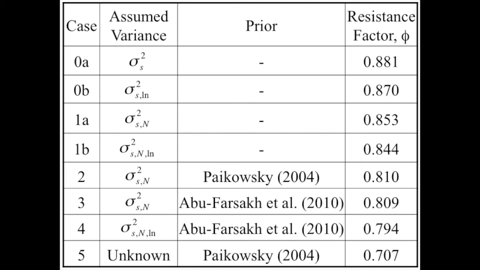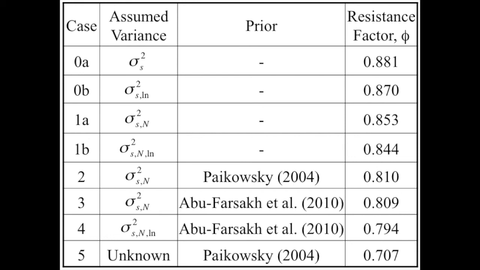Cases 2 through 4, in which an assumed known variance was utilized, that was obtained through the n-sigma approximation of the variance, along with the variance being weighted by a prior distribution, either Bayesian 2004 or Abu-Farsak et al. 2010, and Case 5, in which an assumed unknown variance was utilized and determined through normal gamma Markov chain Monte Carlo simulations. The obtained resistance factors decreased in value as more variance was introduced.